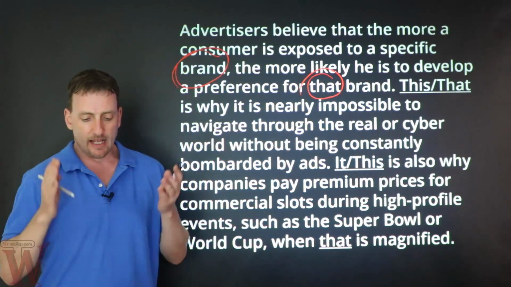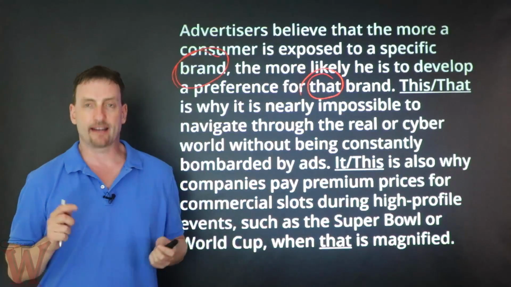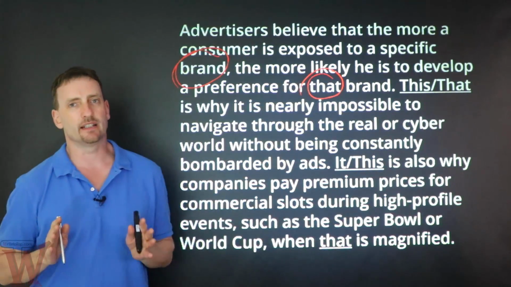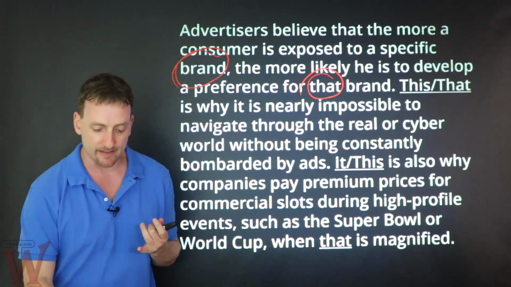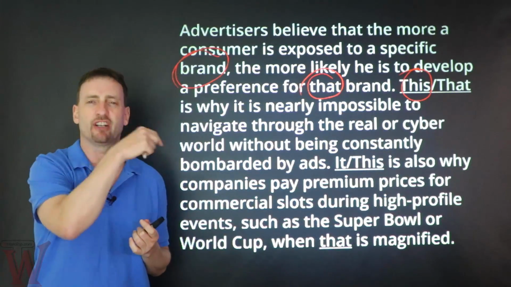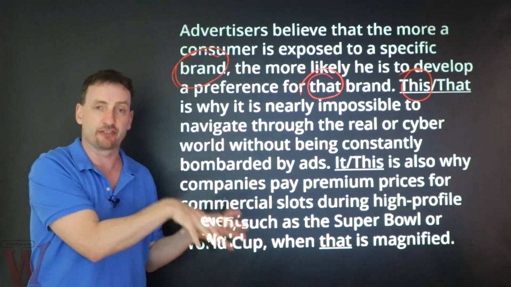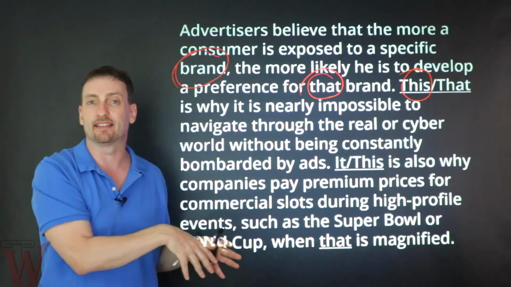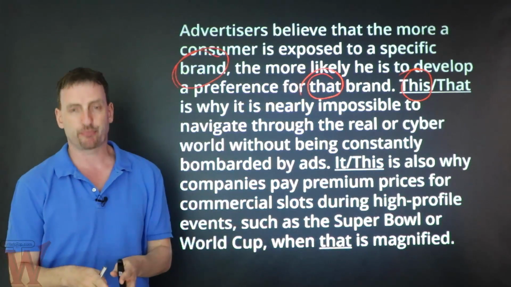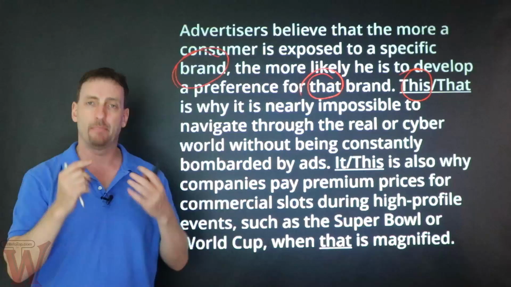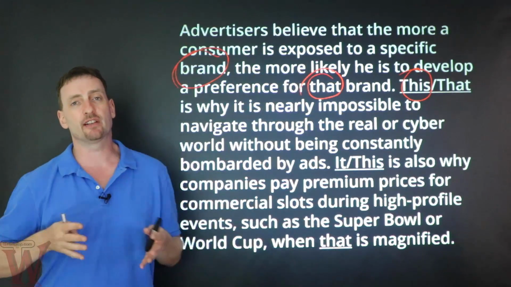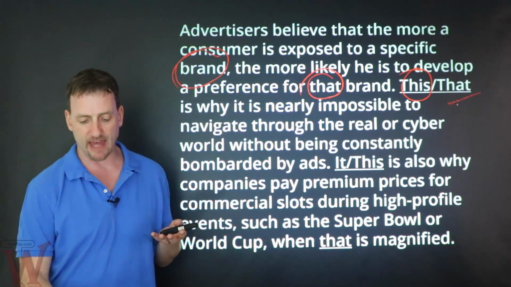Now, "this is why" or "that is why." Technically, the correct one is "this," because I'm referring to the immediate thing, the thing that is right near me in the previous sentence. The correct pronoun here is "this," but many native English speakers often use "that."